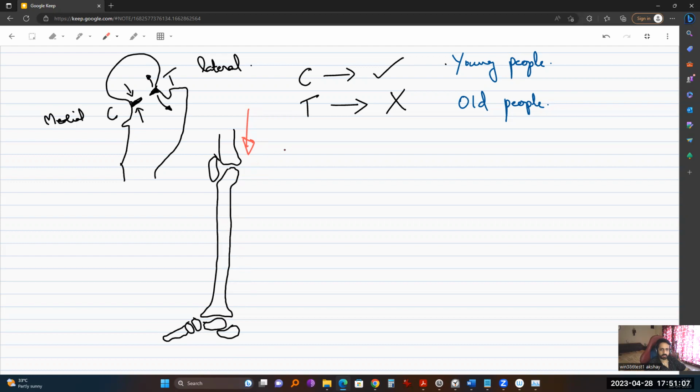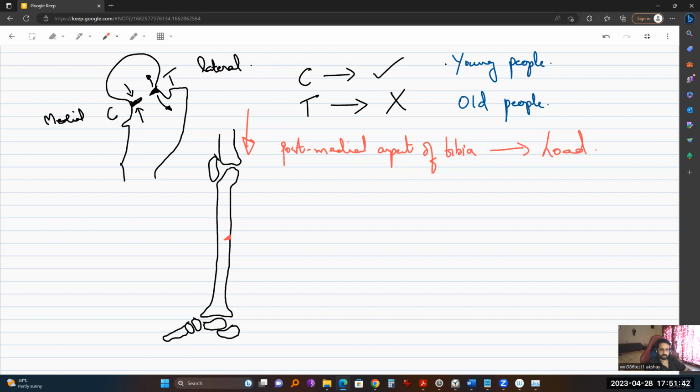The posteromedial aspect of the tibia takes the maximum load. So when a fracture happens in this area, it usually will be compressive. This will be the compressive side, that is the posteromedial aspect.